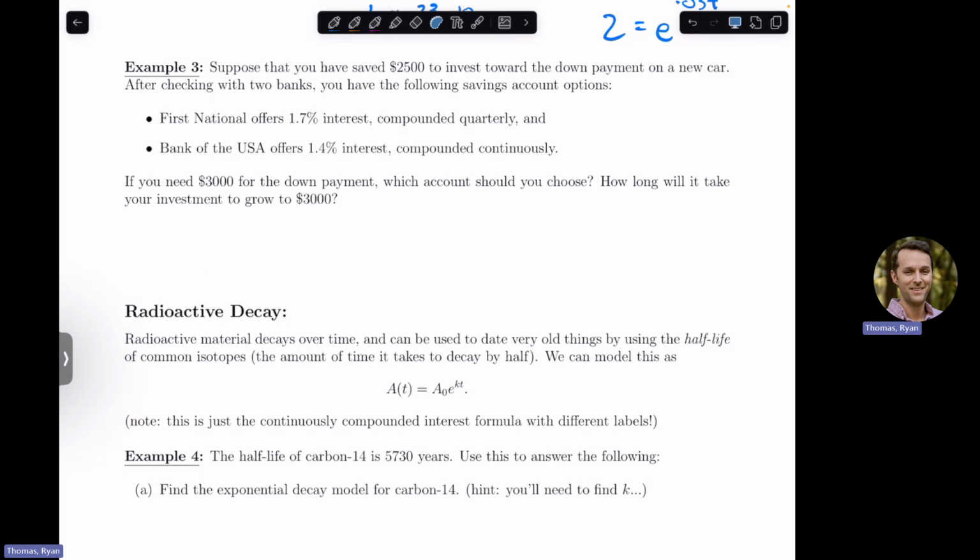A bank called First National, which is as generic as I could come up with, offers 1.7% interest compounded quarterly. And Bank of the USA, no copyright infringement here, folks, offers 1.4% interest compounded continuously. You need $3,000 for the down payment. We need to figure out which account to choose and how long it's going to take. And the one you should choose is probably the one that goes faster, right?